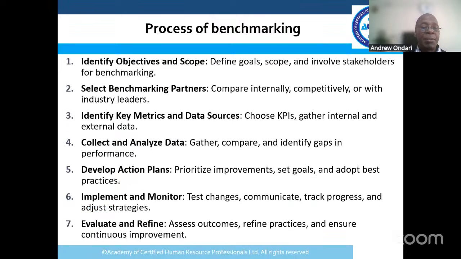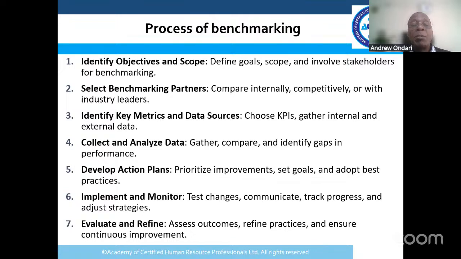And these are the steps that I've enumerated there. Number 1 is identify objectives and scope of benchmarking. Allow me to say that we don't benchmark for fun.